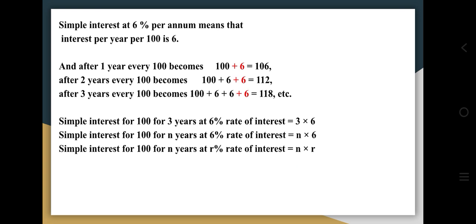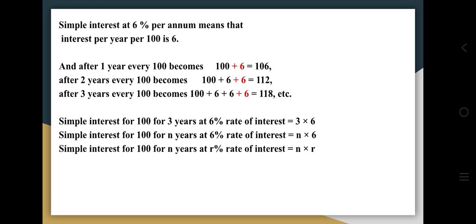So suppose we invested for n years, then the simple interest for 100 for n years at 6% rate of interest is n into 6. So the simple interest for the amount 100 for n years at r percent rate of interest is n into the interest rate r.